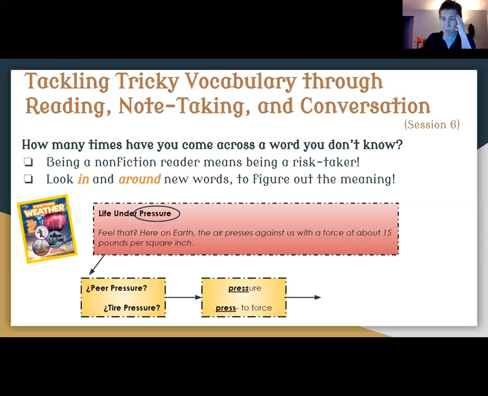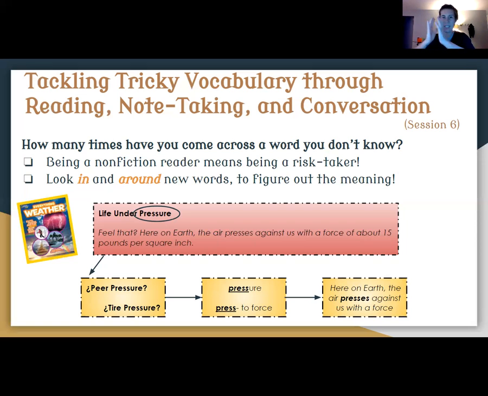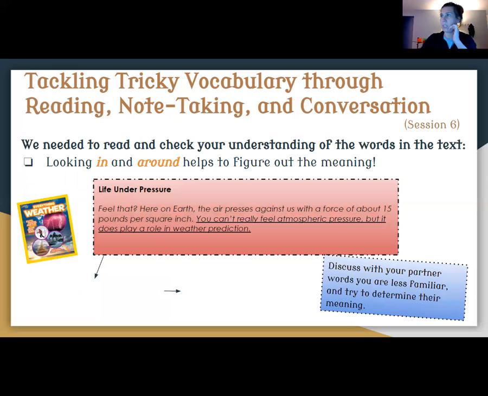I see the root in there, press, like going like this, if I was pushing things against each other, forcing it. Okay, well, there it says, here on Earth, the air presses against us with the force. So I'm guessing that pressure, because I see press, means a pushing together of sorts.